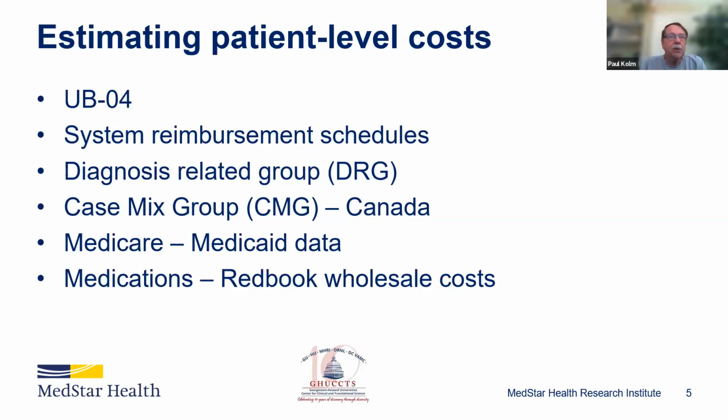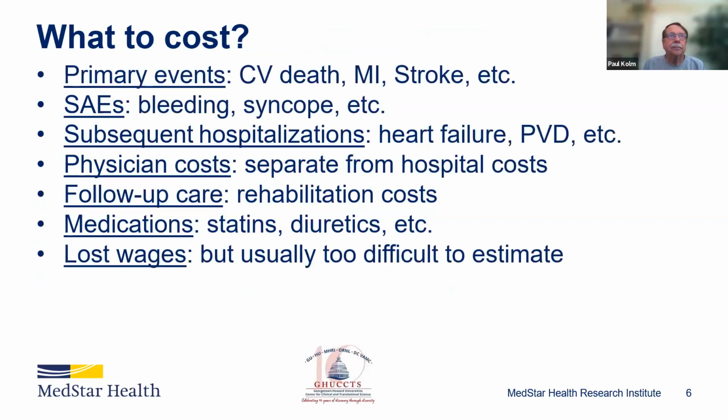A common one used is the Red Book or wholesale acquisition costs. So obviously these are not absolute costs in the sense that they will vary, and we'll look at that later on in the discussion.